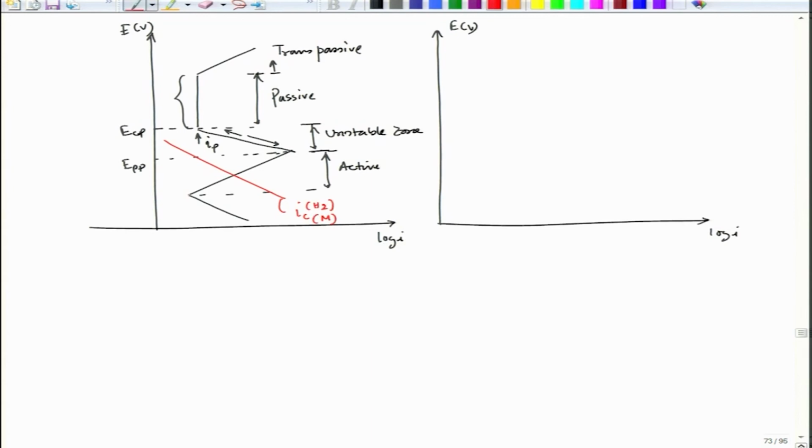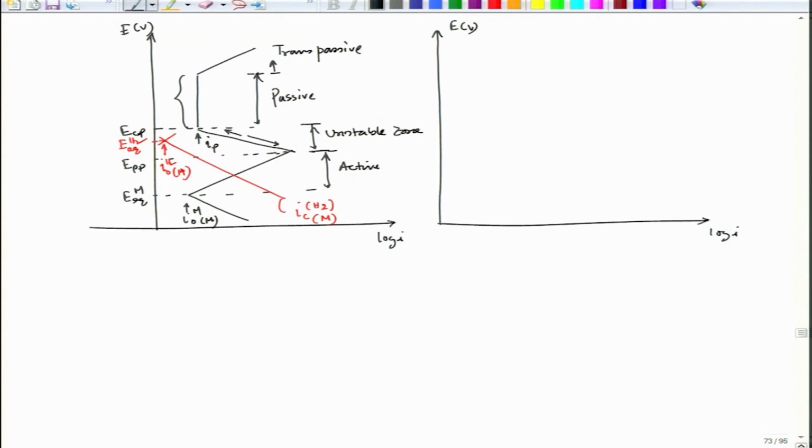This is I0 of metal on metal, and this is I0 hydrogen on metal surface. This corresponds to E equilibrium hydrogen, and this corresponds to E equilibrium of metal.